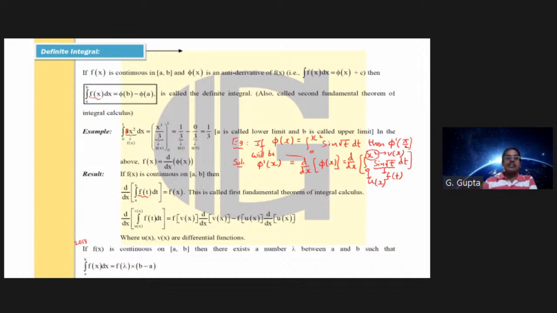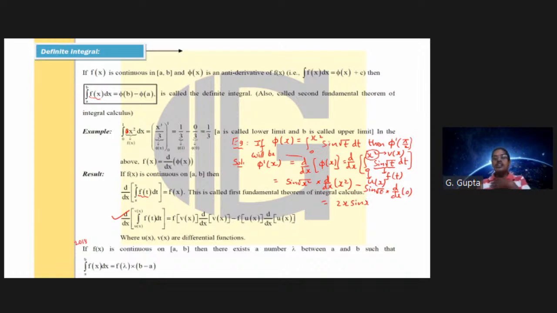Then compare with this result. First, in place of t, substitute upper limit x square. You will get sine root over x square into d by dx of v of x, that is x square, minus substitute lower limit 0 in place of t. You will get sine root 0 into d by dx of 0. So x square derivative is 2x, sine root x square is sine x. So 2x sine x, and the remaining term is 0.